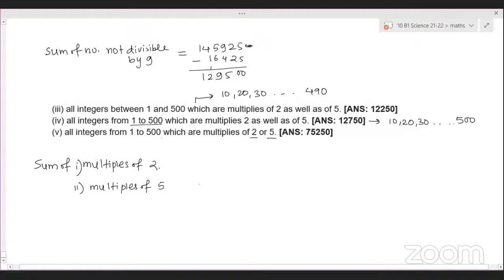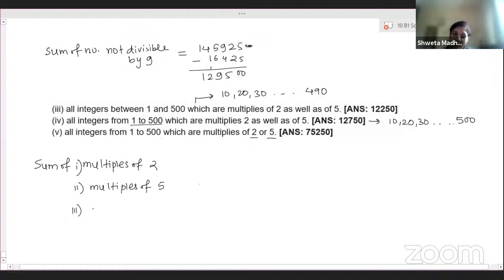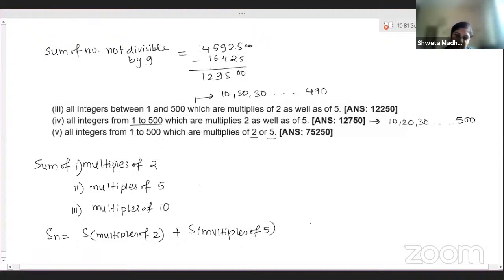And then we have to subtract the value we got from the fourth question. So third, you have to calculate the multiples of 10 also. And to find the total sum, total SN is equal to sum of multiples of 2 plus sum of multiples of 5 minus sum of multiples of 10.